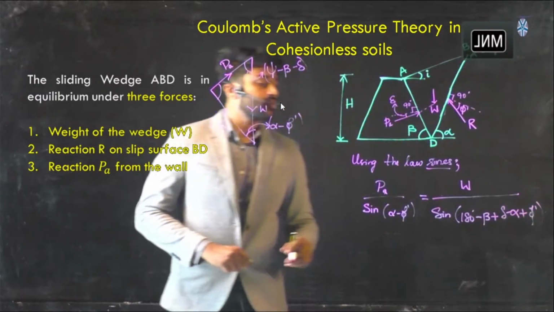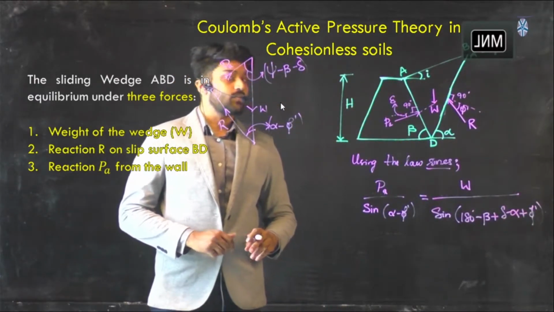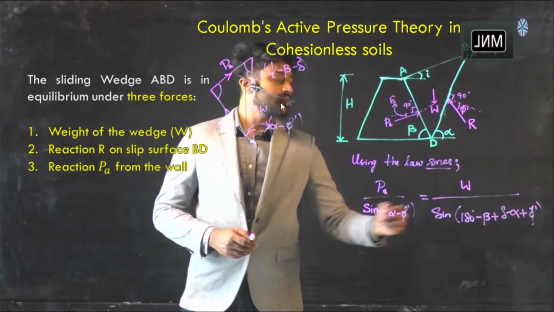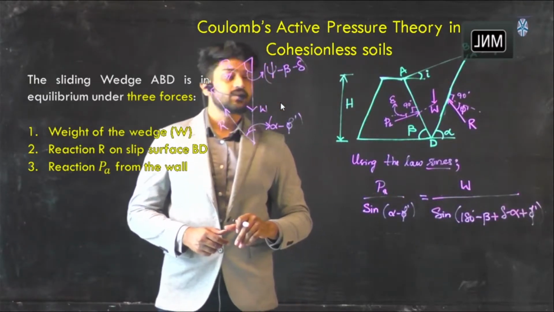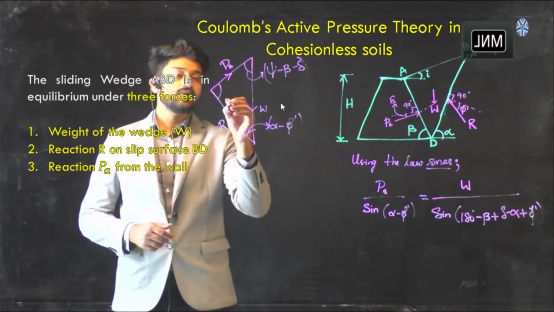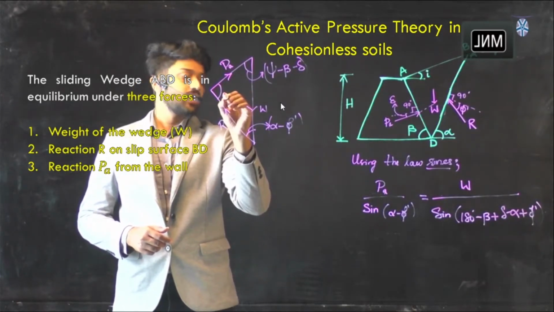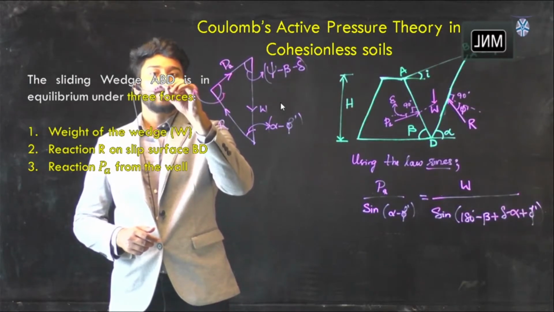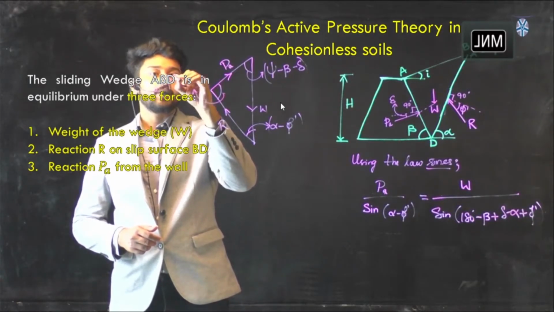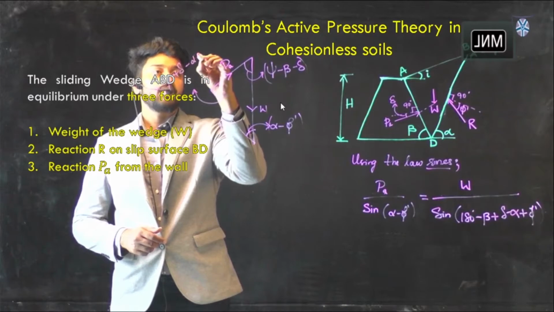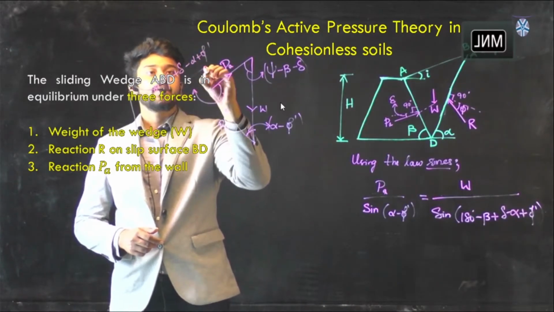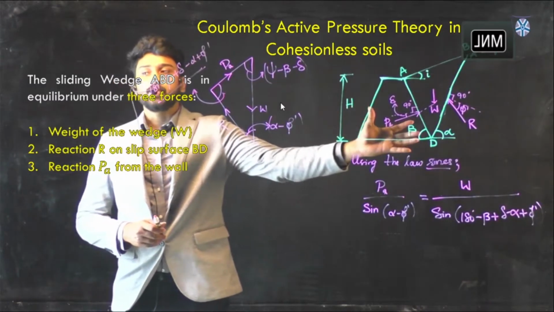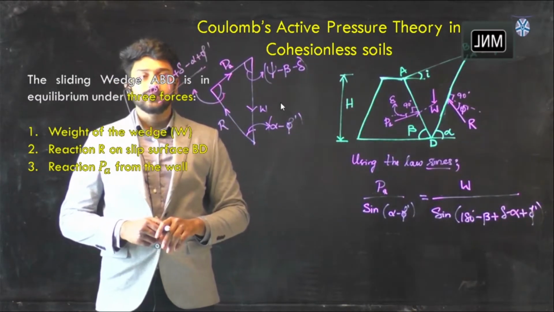By considering the equilibrium of forces, this is this particular angle, 180 minus beta plus delta minus alpha plus phi dash. Just try to obtain this from the equilibrium of forces on this particular wedge.